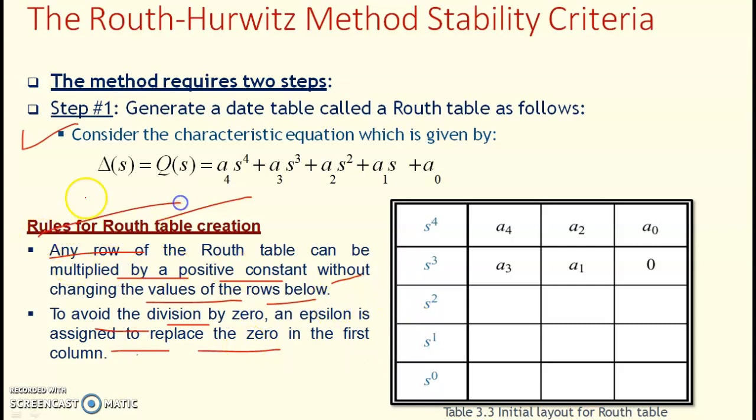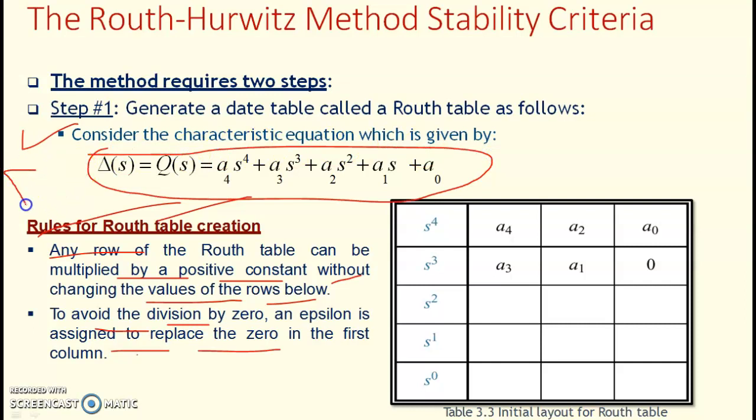This is the characteristic equation, which in some texts is given as f of s. Here you have to assign the numbers 4, 3, 2, 1 and 0. In the first row, the order of s is s to the power of 4, so I will write them in decreasing order as a column: s to the power of 4, s cube, s square, s to the power 1, s to the power 0.